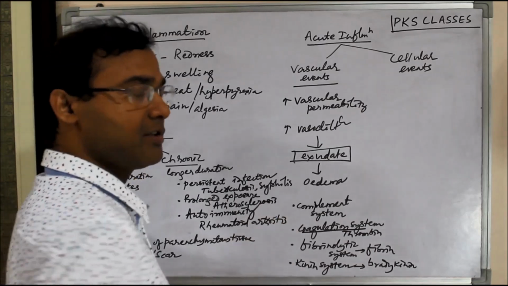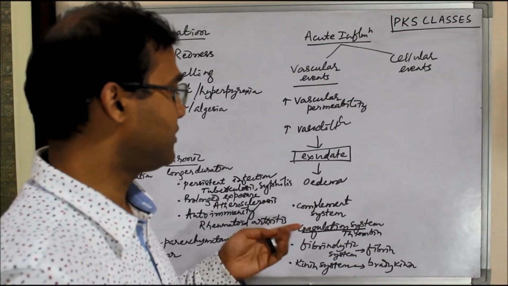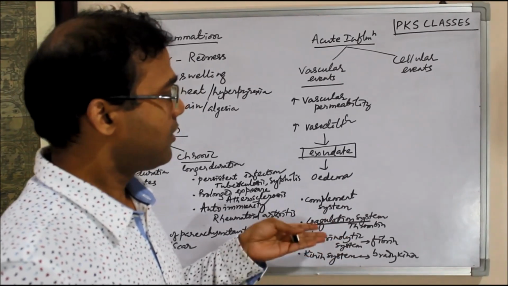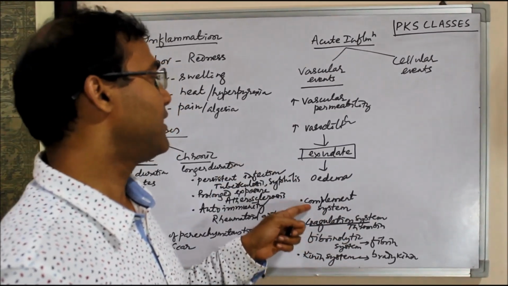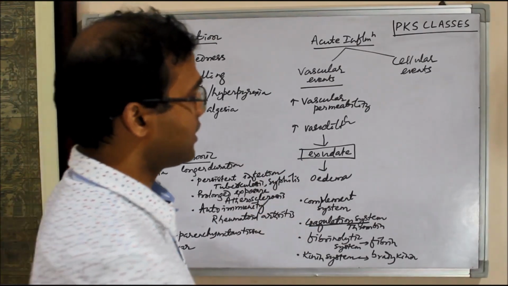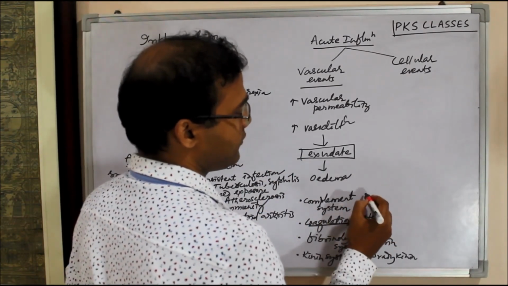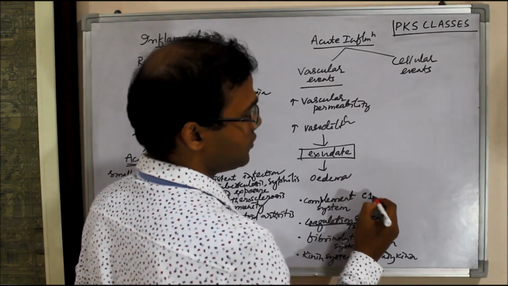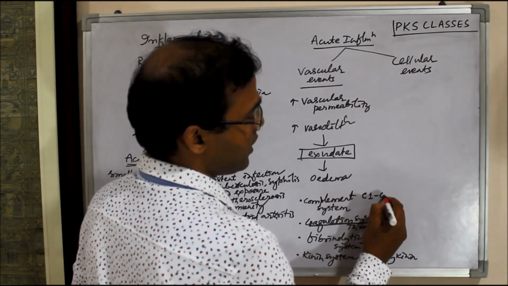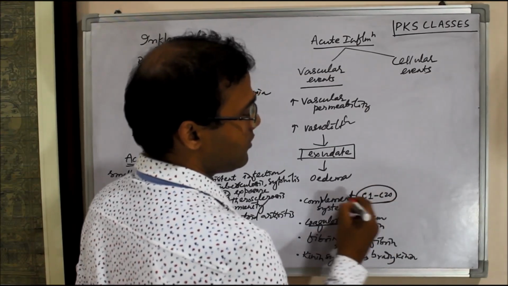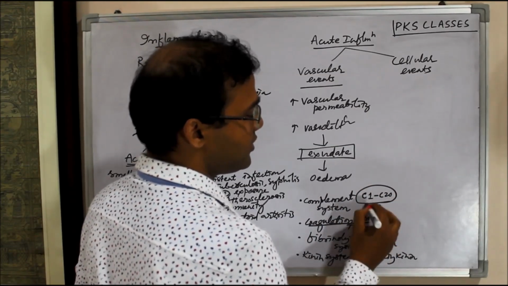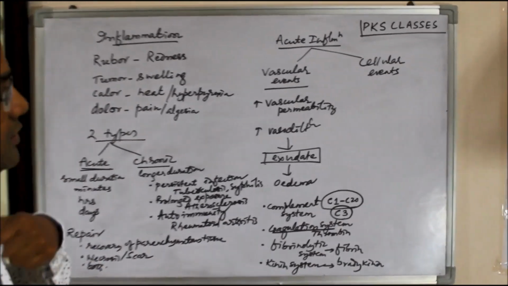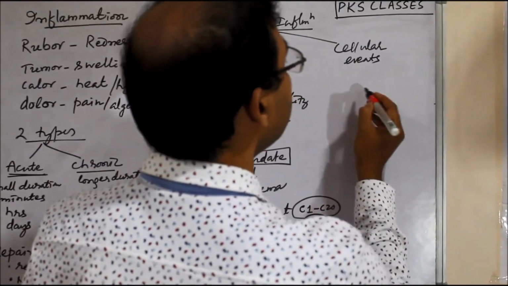And the complement system is called complement because it complements or enhances the inflammation process. There are almost 20 groups of proteins, we can call them C1 to C20, and the important one among them is C3. And how is C3 related?